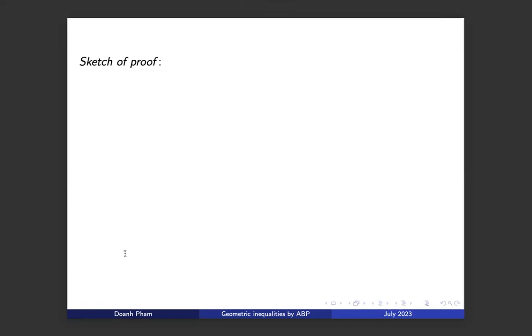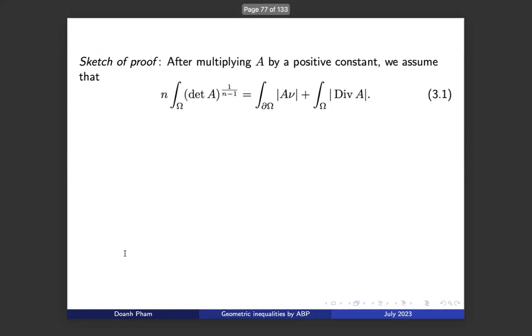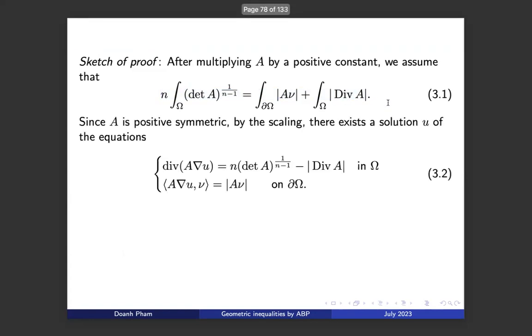So we sketch the proof, which has a very similar spirit to Cabre's idea. After multiplying A by a positive constant, we can assume this relation. We choose a constant to make A satisfy this relation 3.1, to have a solution to the equation 3.2.